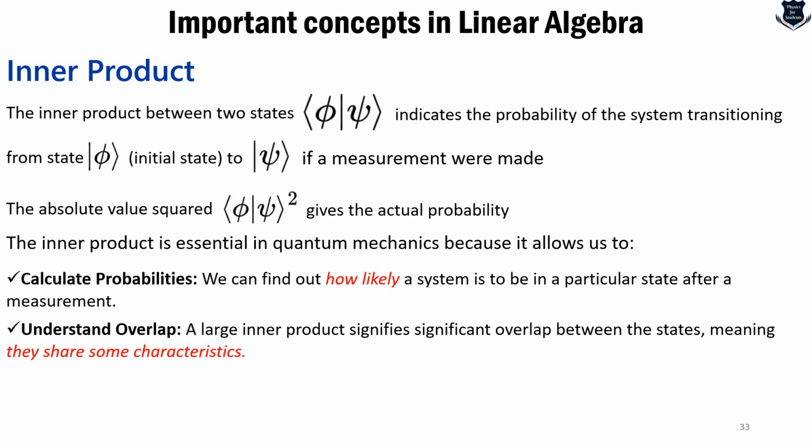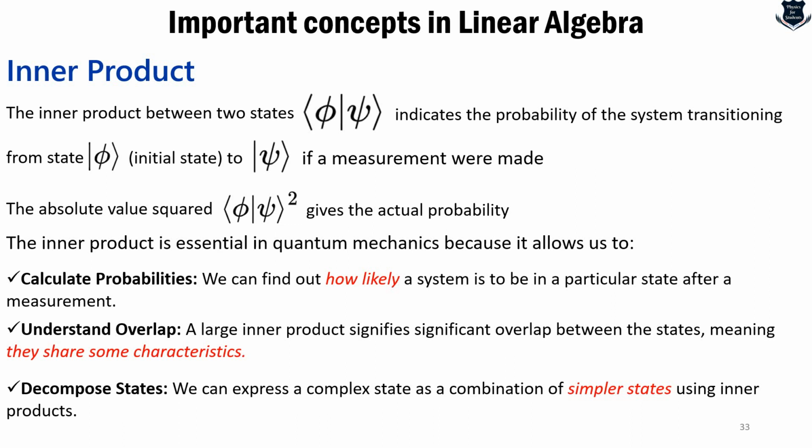Second, as I told you, overlapping means that a large inner product signifies that the states share some common characteristics. It's just like an overlapping Venn diagram. And third, which is a little bit technical, we can express complex states by decomposing them into simpler states. So that is why this is super important.